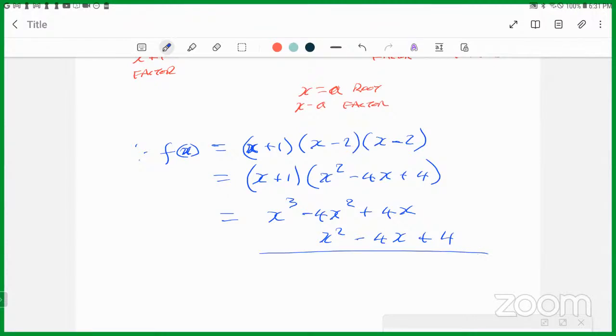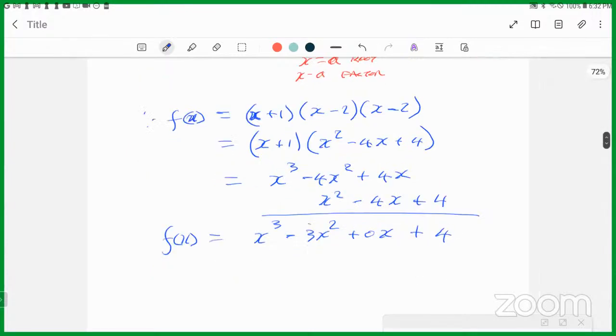And then add them up to get the f of x. So f of x then is equal to x cubed alone that we had before, and this is minus 3x squared. Then this is 0, so you get 0x, plus 4.